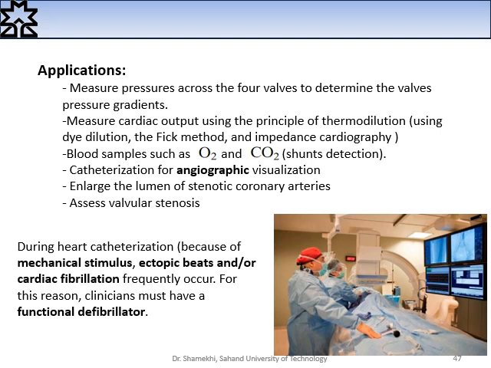We can use cardiac catheterization to measure pressures across the four valves to determine the valve's pressure gradients. The gradients on the two sides of a valve are important. We can use it to measure cardiac output using the principle of thermodilution, dye elution, the Fick method, and impedance cardiography.